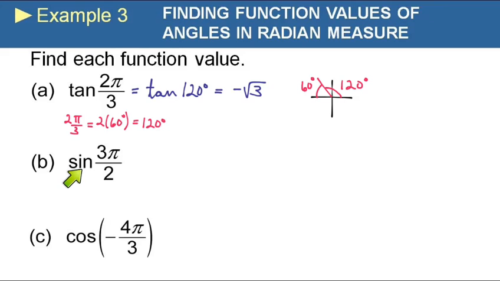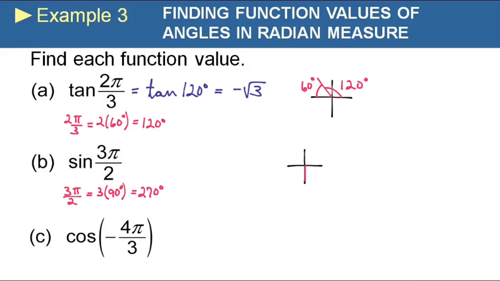Now let's do sine of 3 pi over 2. I need to get a feel for where the angle 3 pi over 2 is. Well, I know it's a quadrant angle because it's a multiple of 90 degrees. So 3 pi over 2 is 3 times 90, which is 270 degrees.